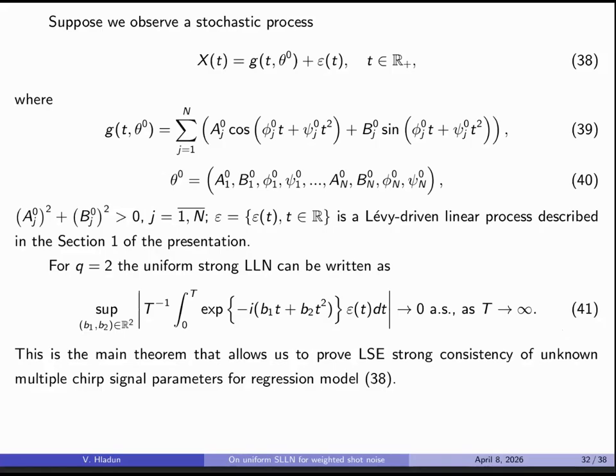Sorry, it's difficult for a practitioner to understand the game of different spaces for chirp signals. Okay, and so your relation 41 is uniform ergodicity with respect to this B1 and B2.